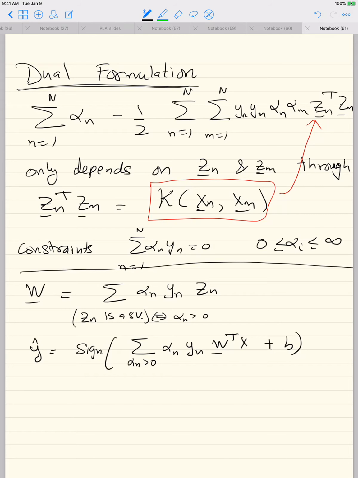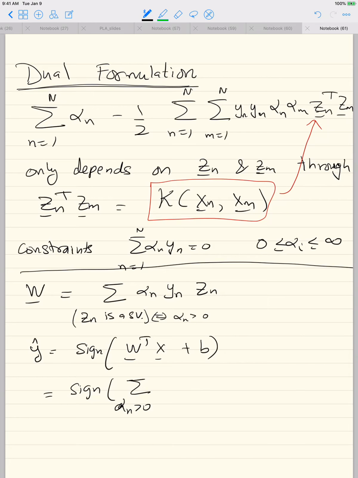Actually, I did it too fast. Let me do it one step at a time. Sorry about this. Y hat is sign of W transpose X plus B. Now, if I were to substitute W, I will get the summation over alpha n positive, alpha n yn, Zn transpose z plus b.